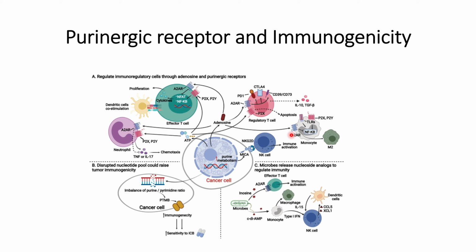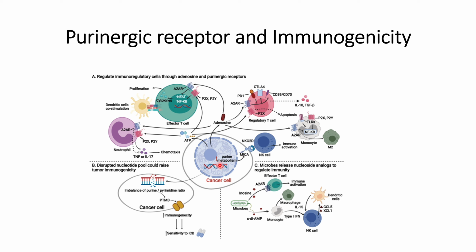Whereas if the monocyte is differentiated to the M1 phenotype, then it will have an anti-tumorigenic effect, and it will try to kill the tumor cells.